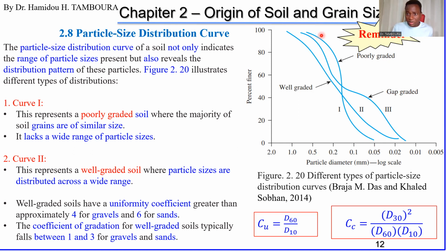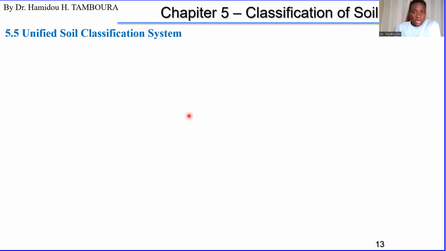So if this particle size distribution curve is almost vertical, then the soil is poorly graded soil. That's the meaning. So I need you to remember that also. We will just use the name. Okay. So now we can start the classification system.